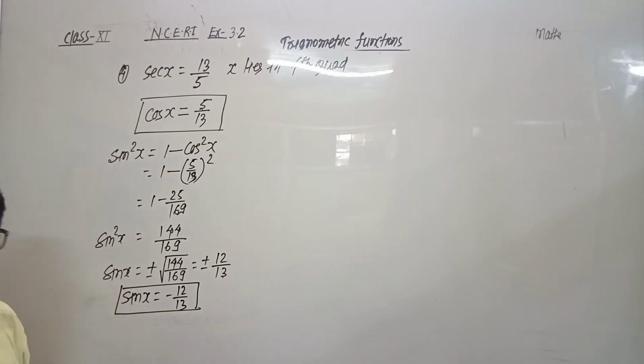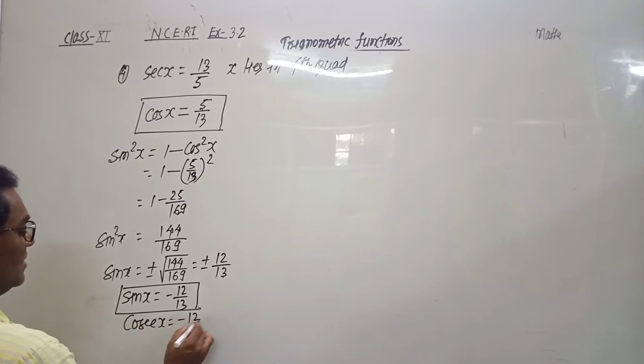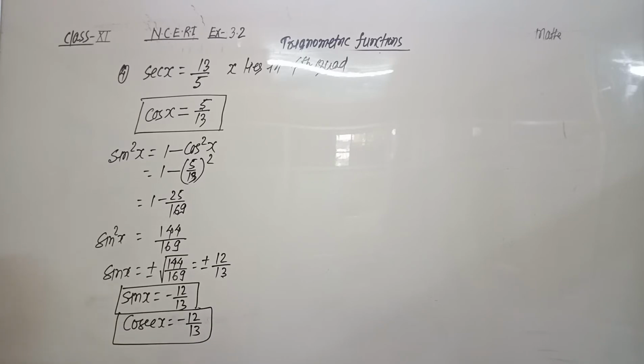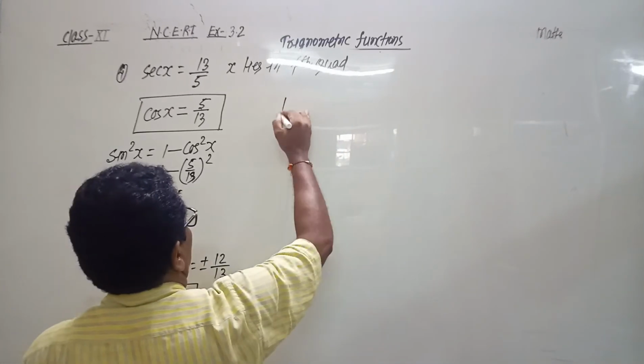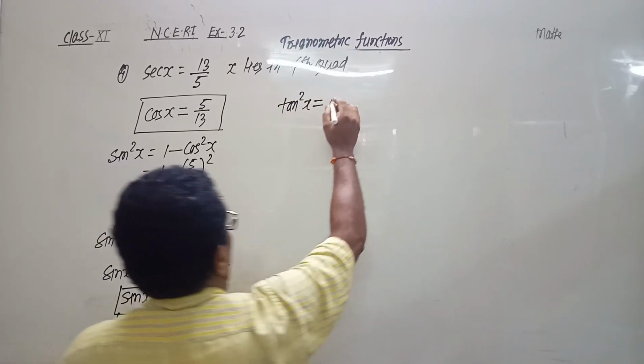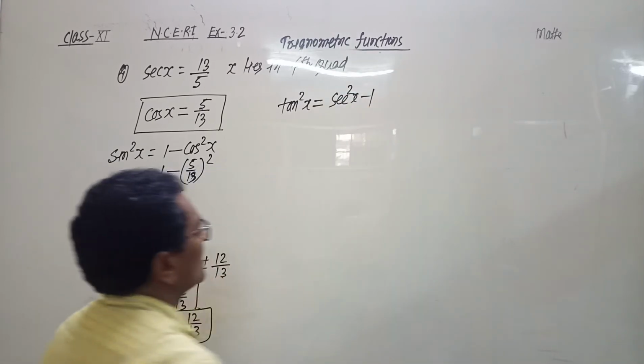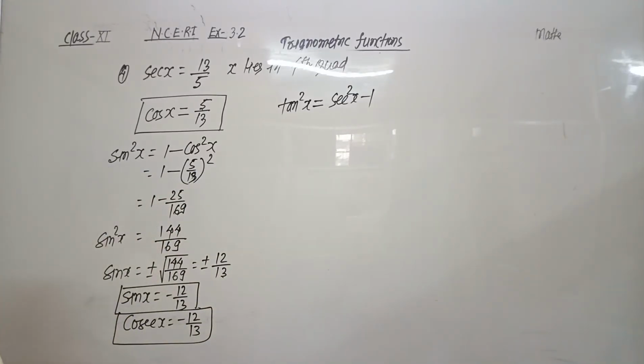And cosec x is the reciprocal of sin x, and cosec x is also negative in the fourth quadrant. Then we will find tan and cot and use the formula tan square x equals sec square x minus 1.